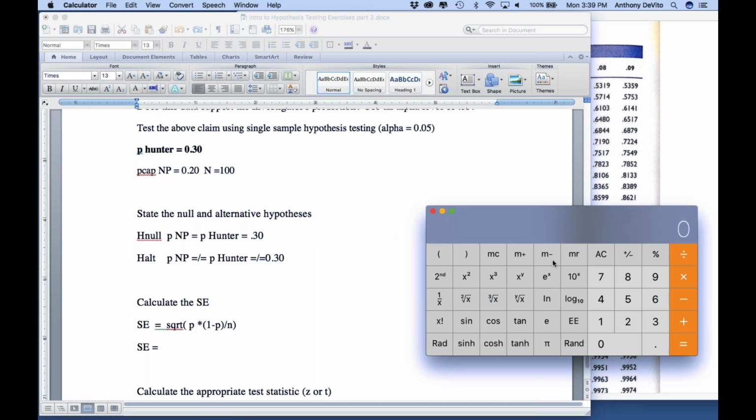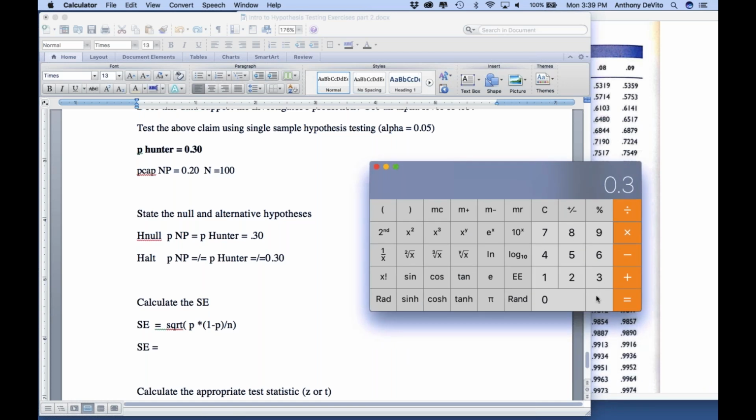So, okay, I'm going to work on this real quick. 0.3 times 0.7 divided by 100. Sample size is 100, right? Recall that.